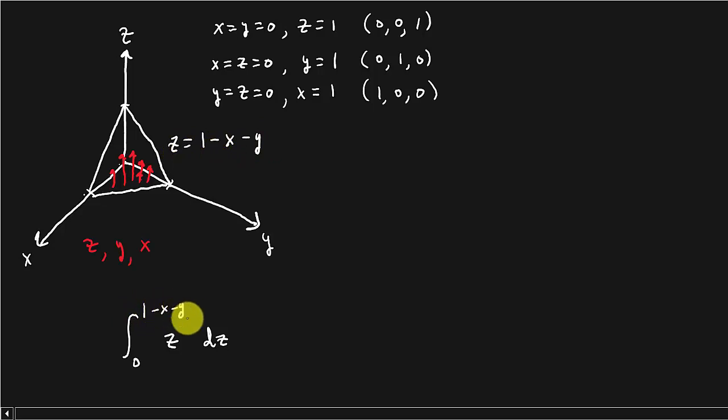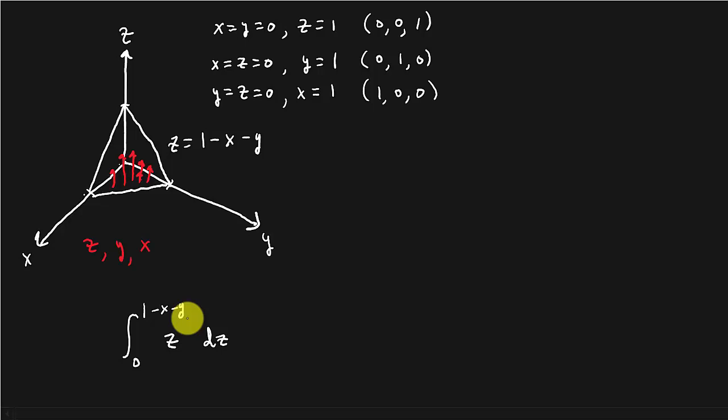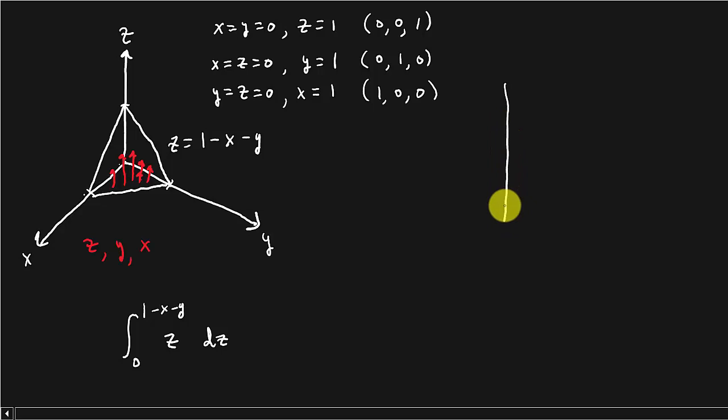Okay, now we're going to integrate with respect to y. Okay, so how do we do that? Well, that's going to look like this. We're going to have to draw us another picture. And we know that's 1, that's 1, this is X, this is Y. So it's like we're standing up here and we're looking down on this area right here.